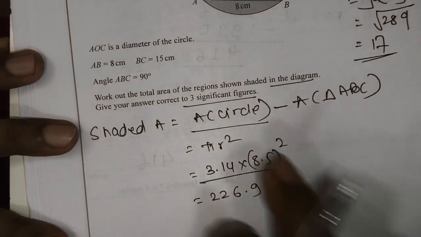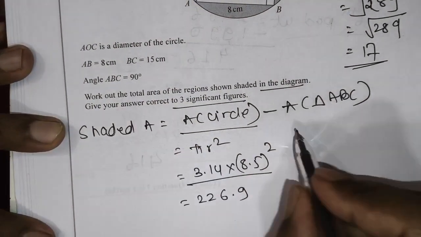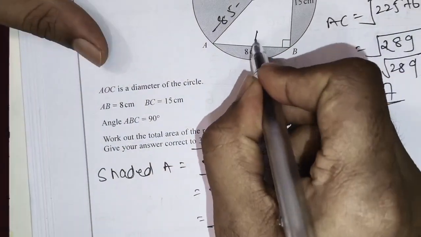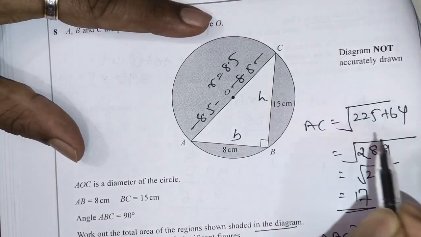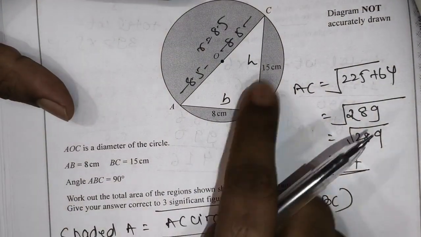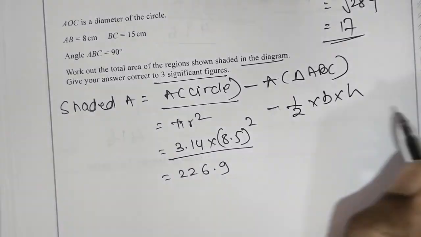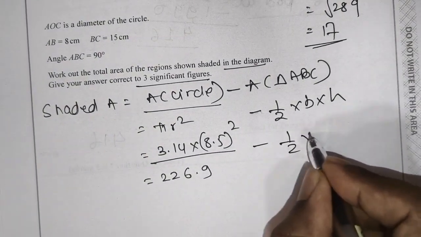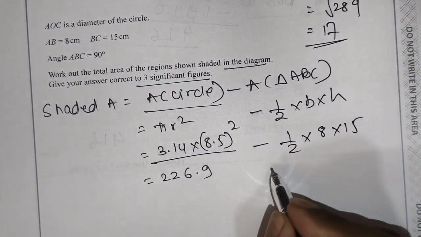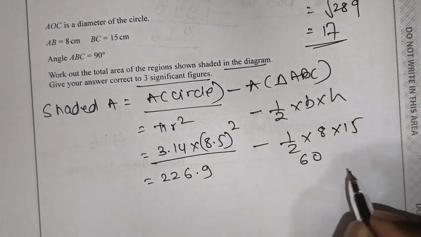That is the area of the full circle. What is the area of ABC? This is base, this is height. Correct? 8 is the base, 15 is the height, or vice versa. Half into base into height, half into 8 into 15, which is 60.